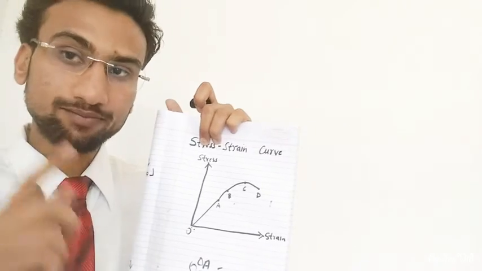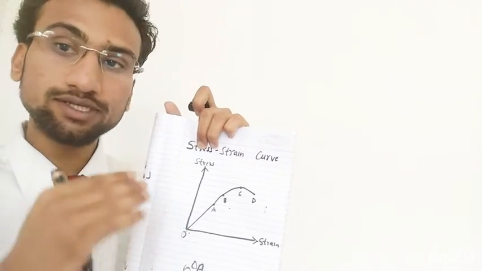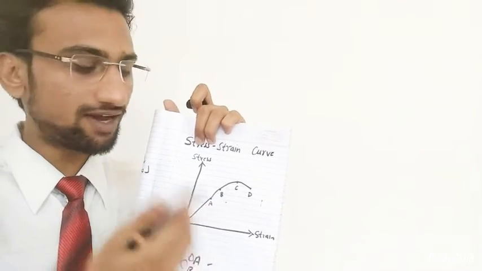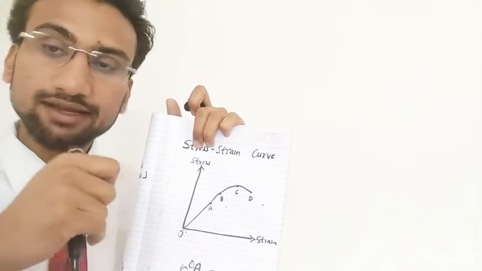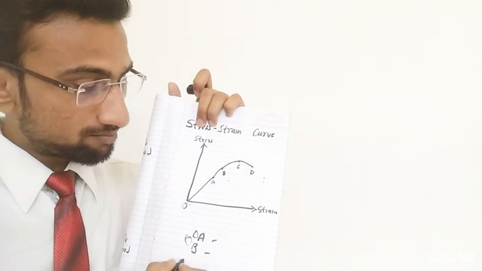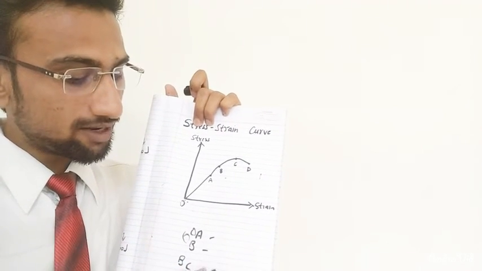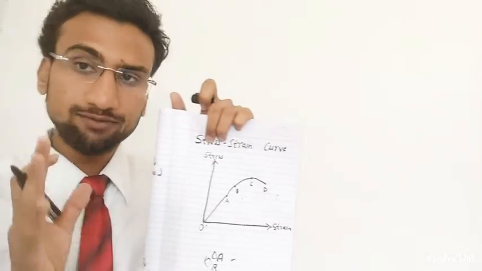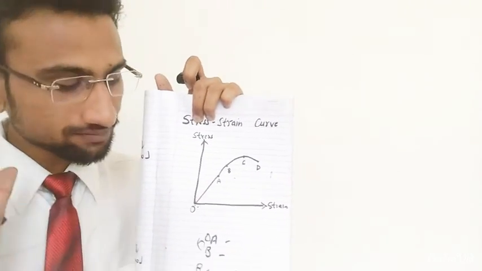It means it has a probability to return back to its original shape. But after B, if I increase force, then the body will get elongated but will not return back. I mean from B to C, the body will be in the plastic region. It will not return back to its shape.